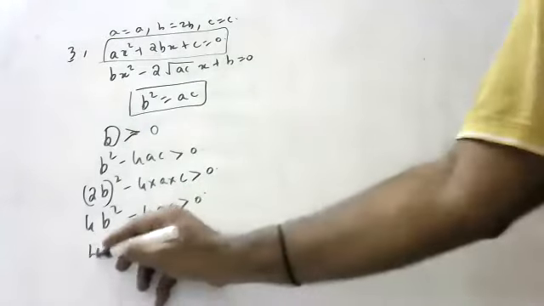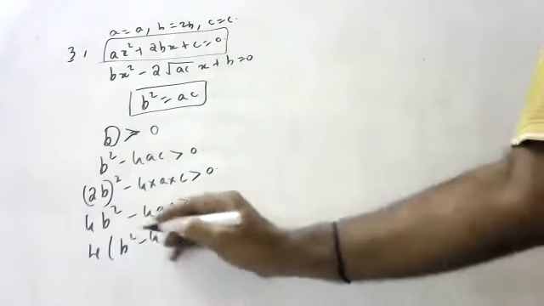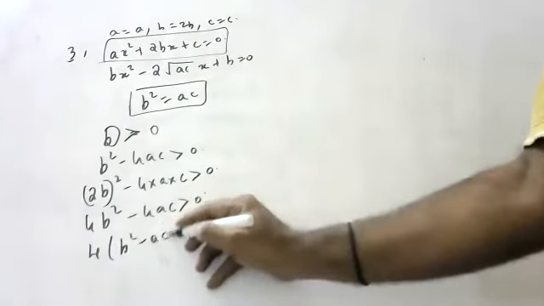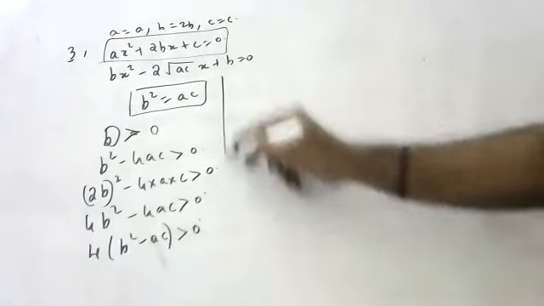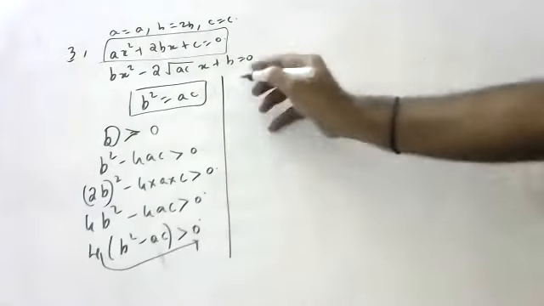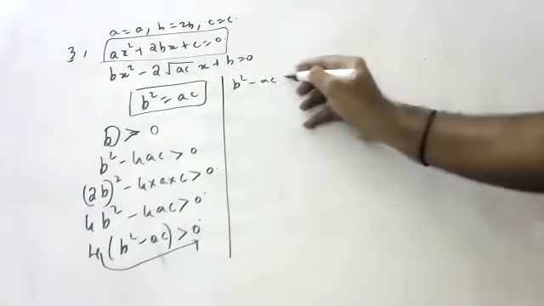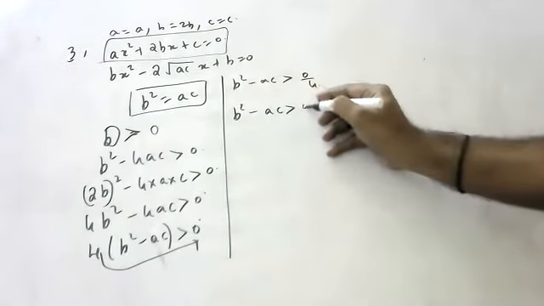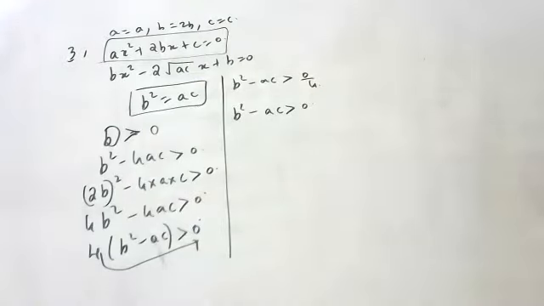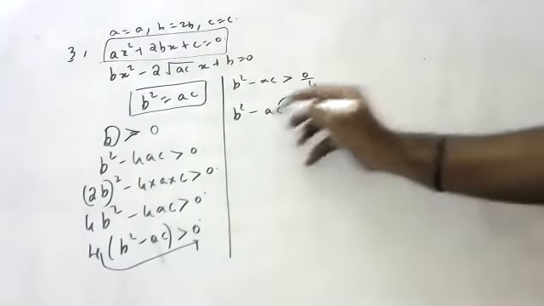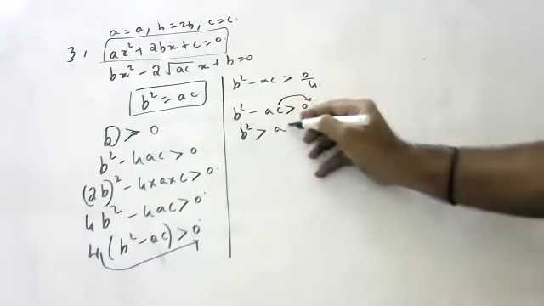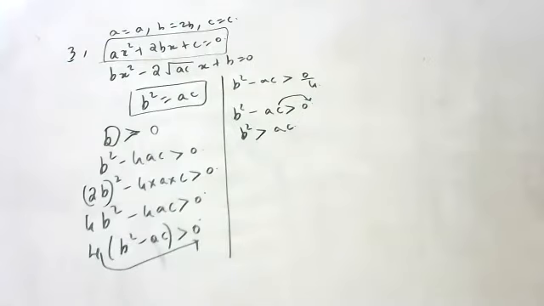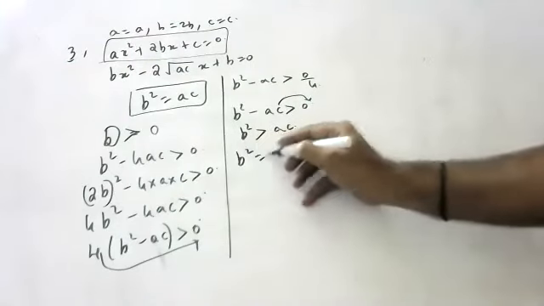Children, take 4 common: 4(b² − ac) > 0. So 4 comes down: b² − ac > 0 divided by 4, so b² − ac > 0. If you bring it here, b² is greater than ac, or else we can write b² is equal to ac.